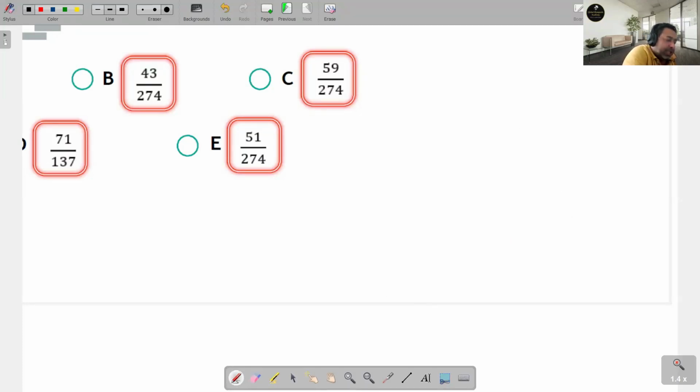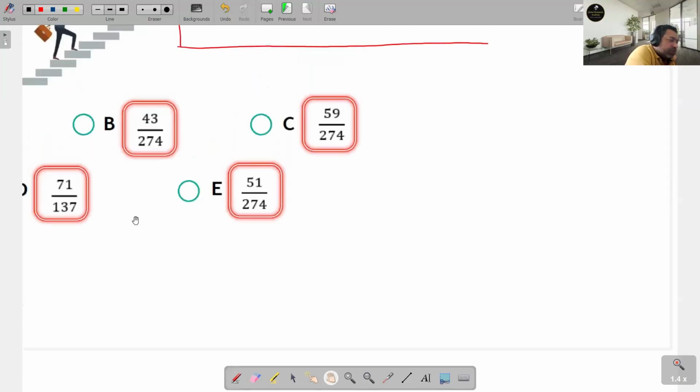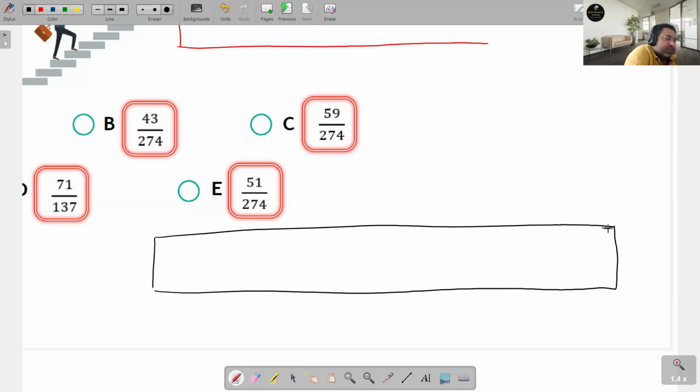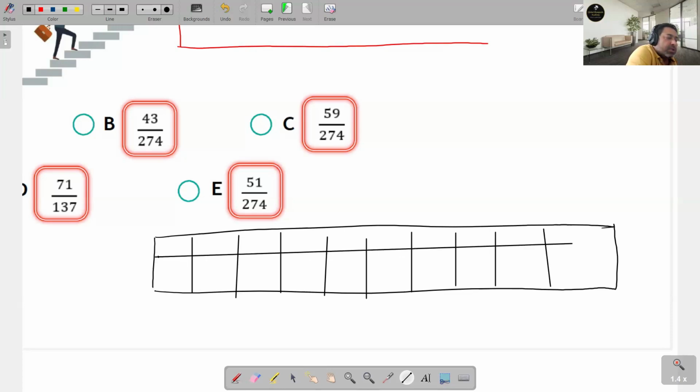So for the 10 steps, first let's understand how many ways there are if we are starting from step 0. 1, 2, 3, 4, 5, 6, 7, 8, 9, and 10. Let's say this is step 0. Step 0, when I'm right at the bottom before I even start climbing, there's only one way to be there.